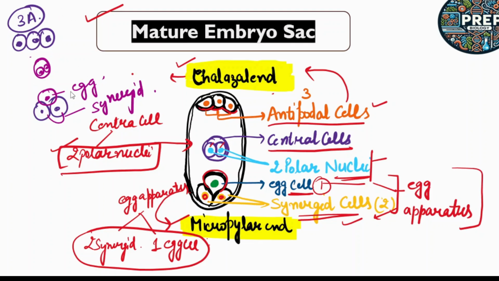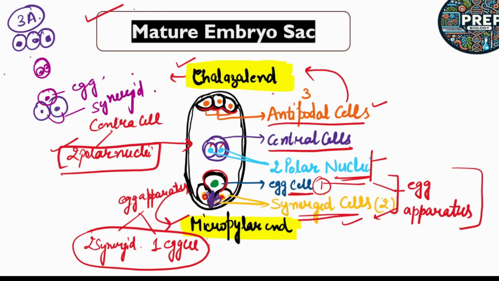Now, one point is very important here. At the micropylar end, the 2 synergid cells are present.